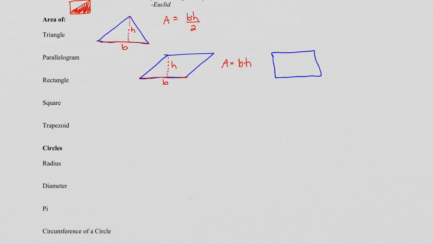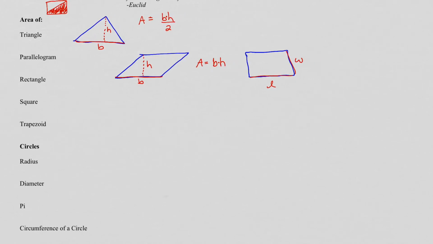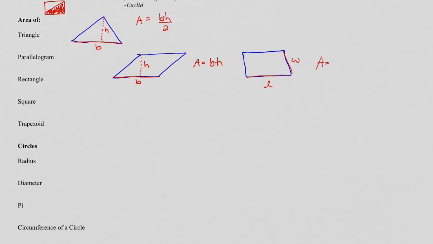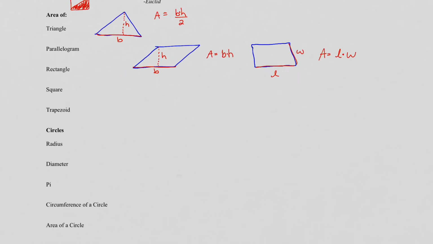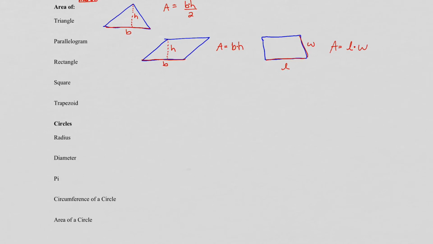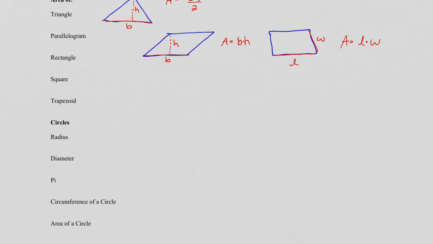The side is already telling you how high it is, so we're not going to call that height. We're going to call it the width. And this right here is going to be the length. So area is going to be length times width. Okay, so same concept, but slightly different formula, okay?